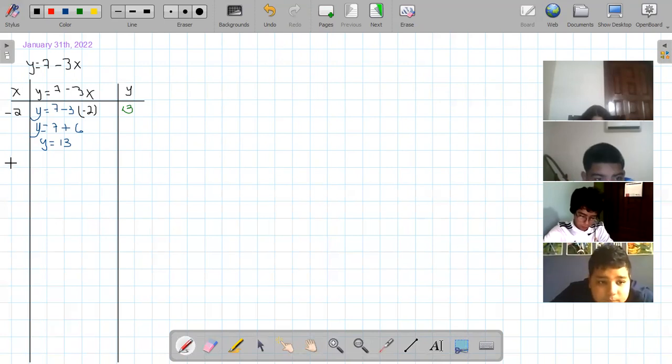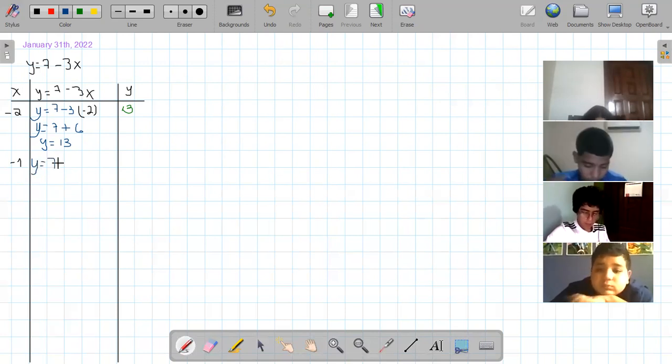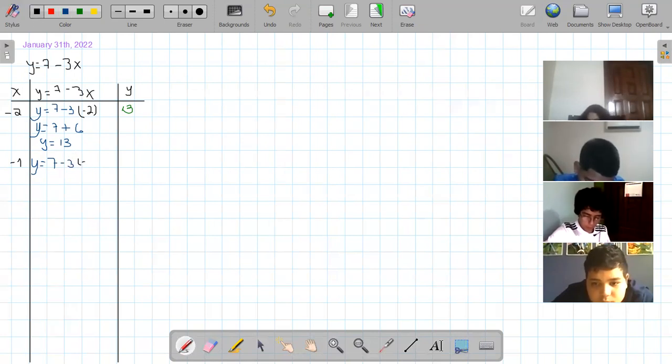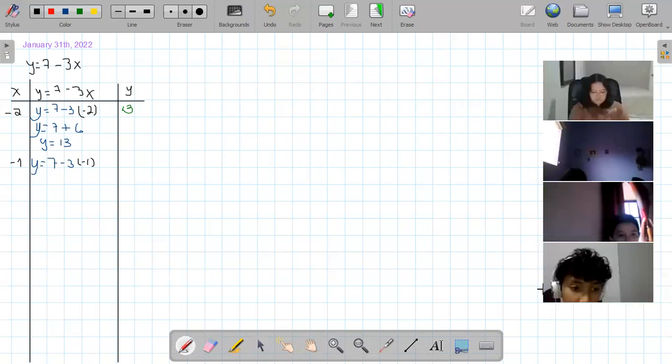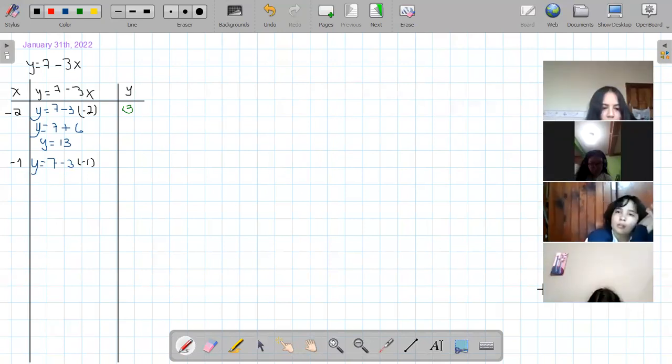Okay, now with -1, which is our next number of the domain. So y is equal to 7 minus 3, and instead of x, -1. And you see how the parenthesis tells you that this is a multiplication, that it is not an addition or a subtraction, okay? Because there's a parenthesis.